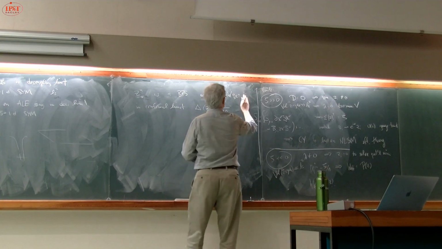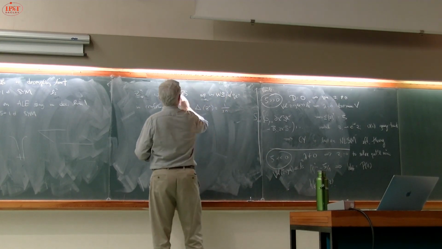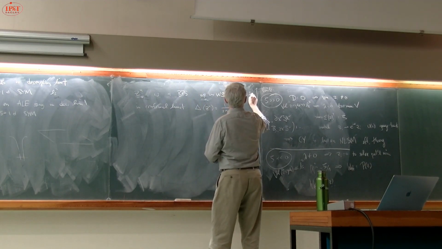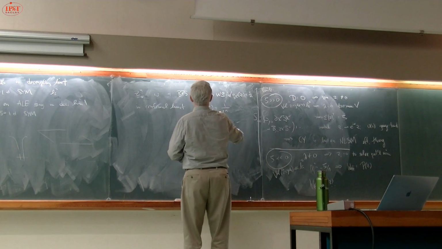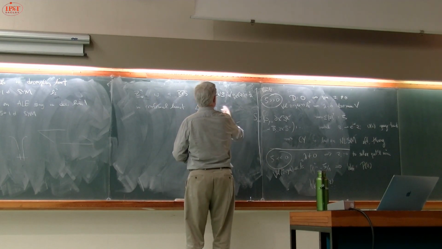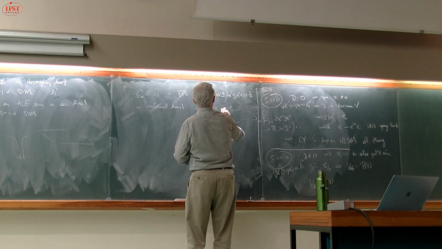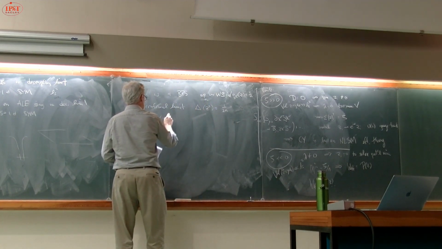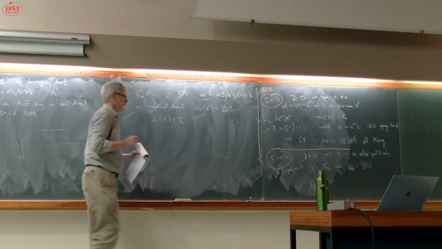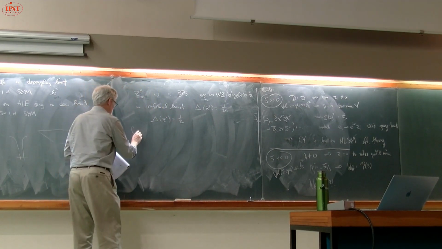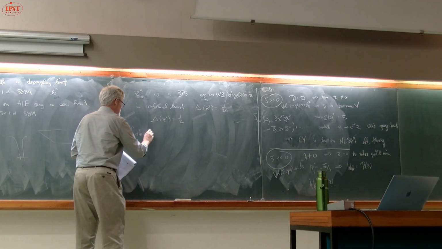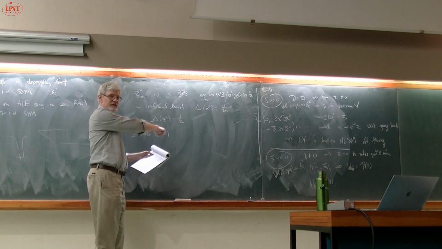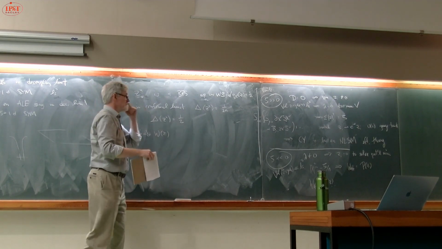So the dimension of z to the n is 1/2. Thank you. And since I'm integrating d2z, d2 theta, W of z, this is a marginal, scale invariant operator. So everything's consistent.